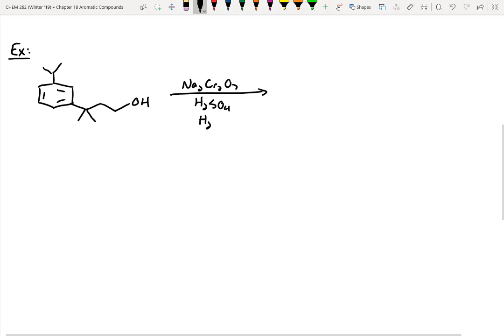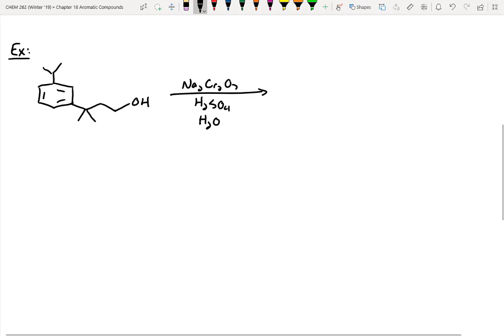And my question is, what product will we get out? And you can assume that we have excess chromic acid around in solution, not just one equivalent. So I'll give you a minute to think about this and then check with your neighbor and see if you agree. All right, who thinks they got this one? Give me a thumbs up.